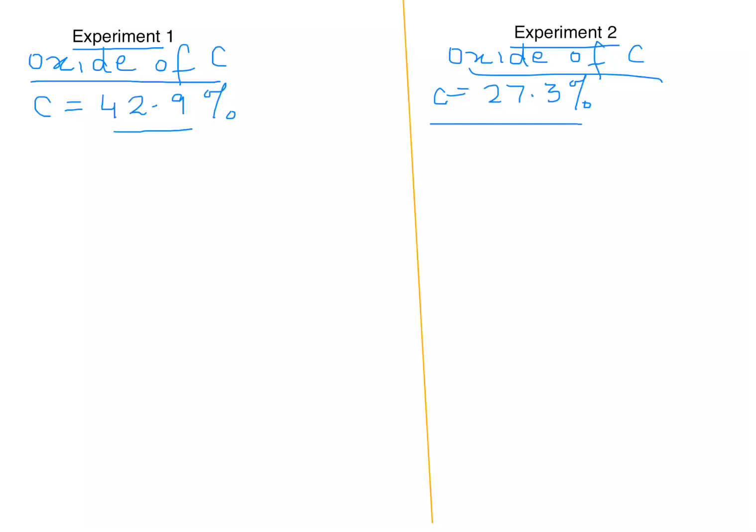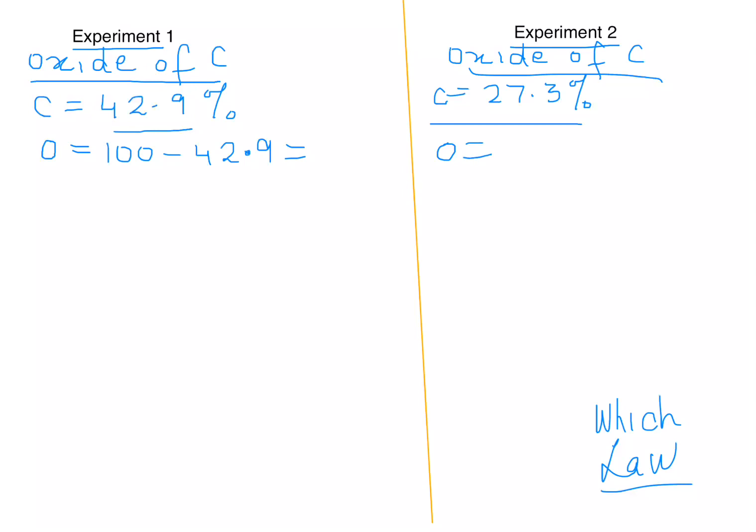So which law is depicted in the above observation is what we have to see. Since these are oxides of carbon, they are made up of only carbon and oxygen. So if I know the percentage of carbon, I can determine the percentage of oxygen as 100 minus 42.9. Can you please do the calculation for me and give me the answer?